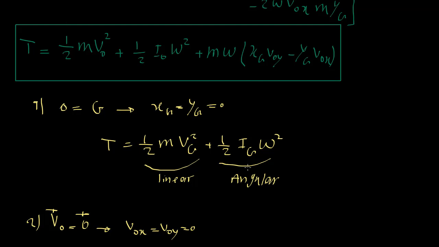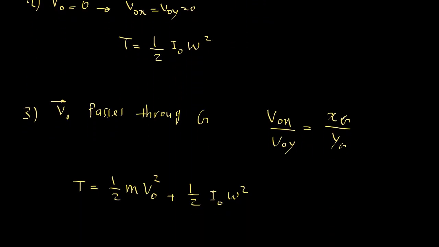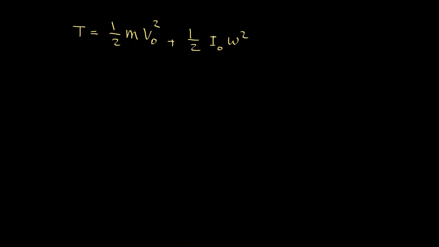So this was the kinetic energy for a rigid body. And now that we can calculate the kinetic energy of a rigid body, we can use the work and energy principle for solving dynamic problems on 2D rigid bodies.